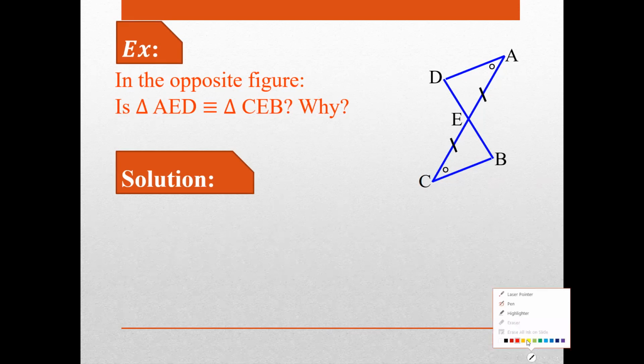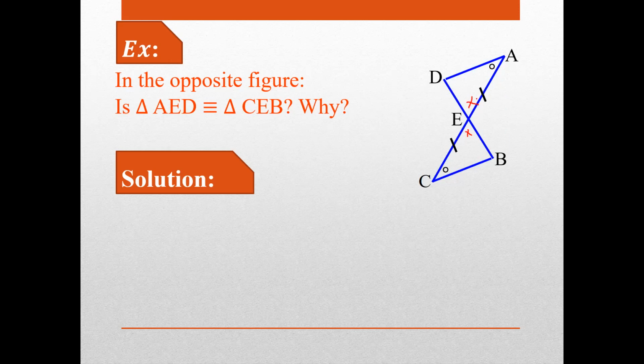So two straight lines intersect, then angle DEA will be equal in measure to angle CEB. So our case will be angle, side, angle, ASA.